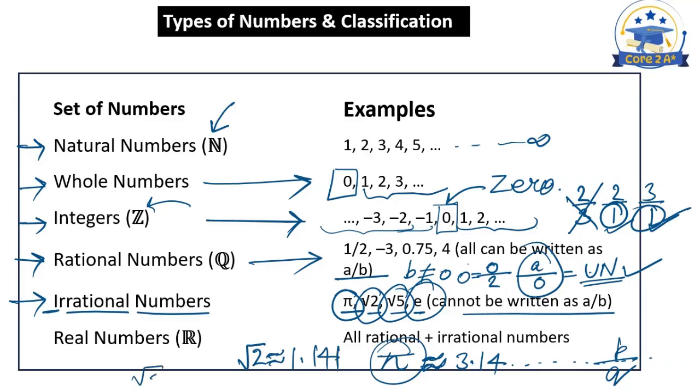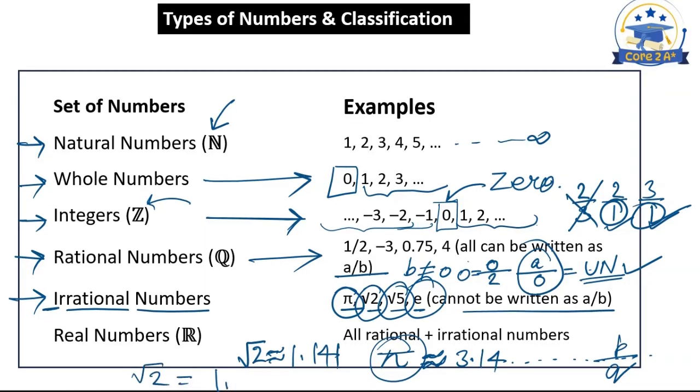Root 2 equals 1.141 and so on. It is also a non-terminating, non-repeating number. So how can we write it in the form P upon Q? Similarly for root 5 and epsilon, we also cannot write them. These numbers are not fixed, so we cannot write them in numerator upon denominator form.